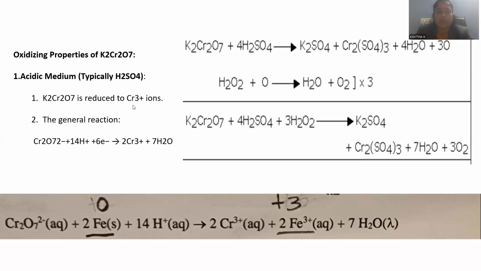That is the common transformation you can notice. In K2SO4, the K2 has no change, and SO4 has no change. But H2O2 is transformed into H2O. There is a change in the hydrogen peroxide itself. It is oxidized, and release of an oxygen molecule is possible.